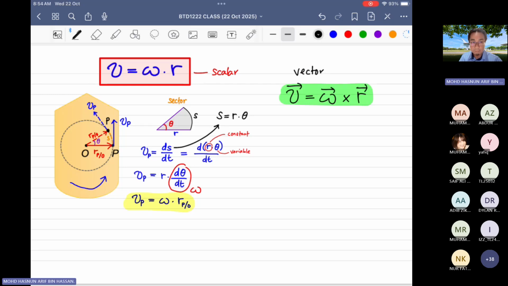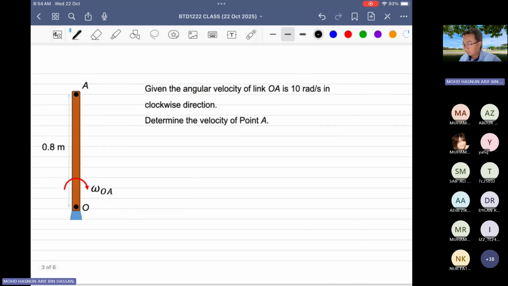Now let's see another example before I move on to the next topic. In the previous class, we have done one example. So now let's look at another example of rotation. Okay, so you have an object, a rod here, OA. Given the angular velocity of OA is 10 radian per second clockwise.